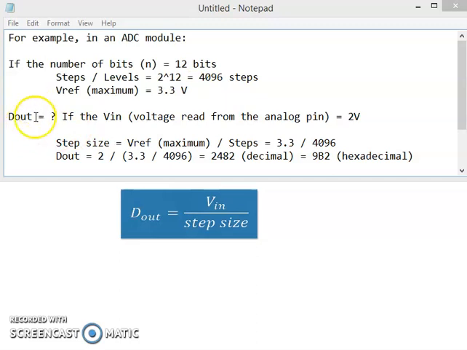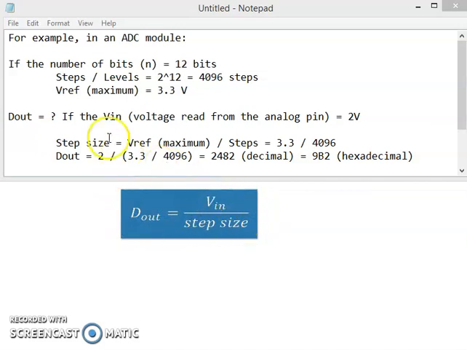If we want to know what is the converted value after its conversion, if the input voltage, or the voltage read from the analog pin, is equal to 2 volt, we use this formula: the digital output value is equal to Vin over the step size.